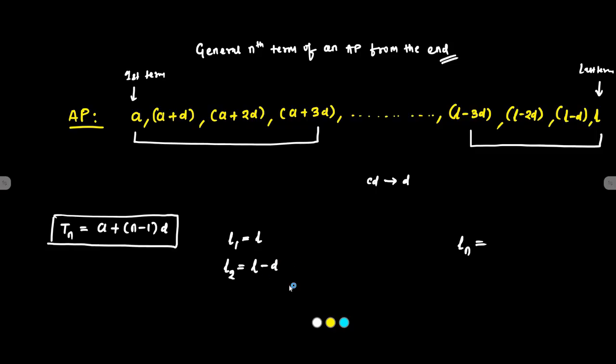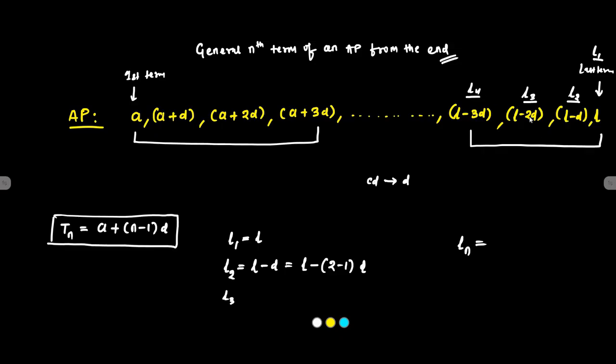We can write it as L minus 2 minus 1 d. Similarly, this is the third last term. This is the last term from the end, L1, this is L2, this is L3, this is L4 and so on.